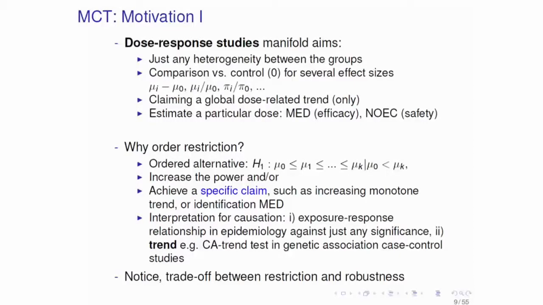And here is something interesting. Some of you will work in genetic association studies. One design is case-control. In this setup, the leading trend test is the Cochran-Armitage test. What is the Cochran-Armitage test? It is a test for logistic regression on a linear increase.